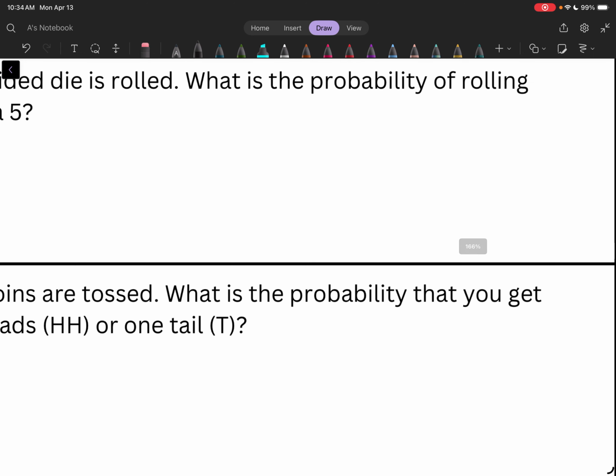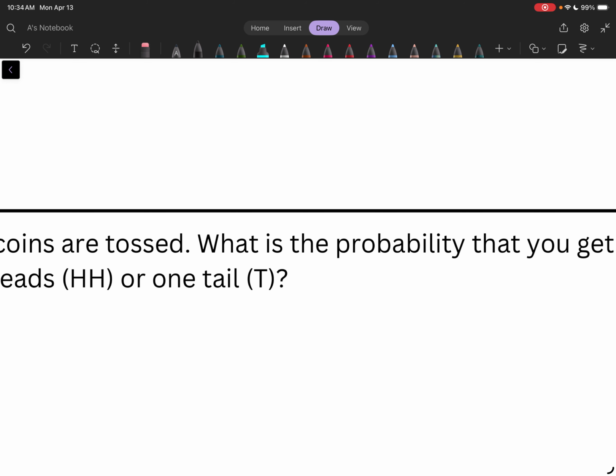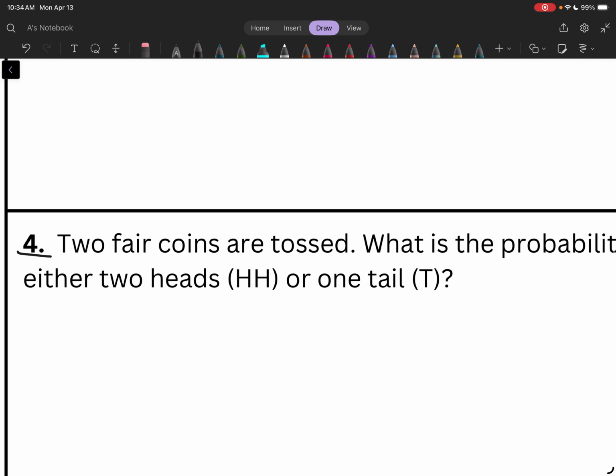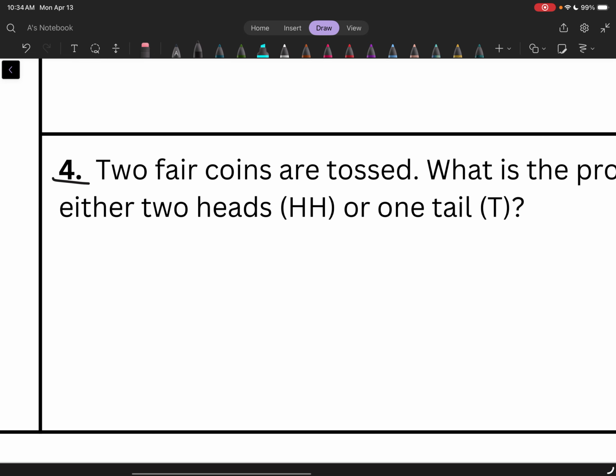Let's look at number 4. If 2 fair coins are tossed, what is the probability that you can get either 2 heads or 1 tail? Well, in this scenario, I can flip the first coin and I can either get heads or I could get tails.